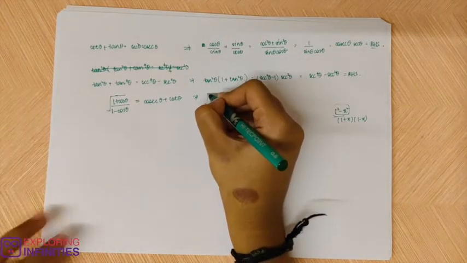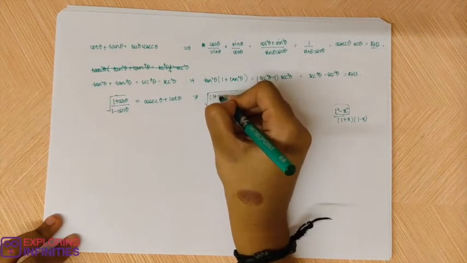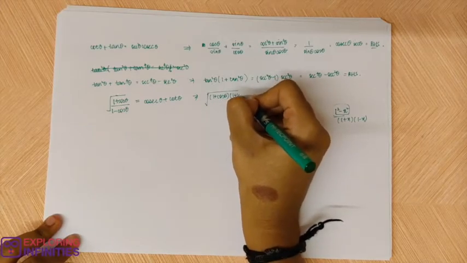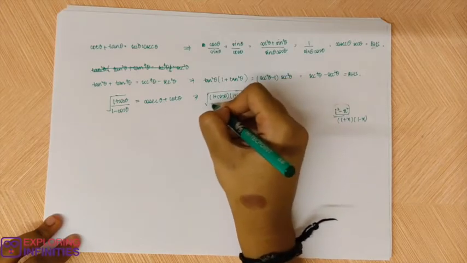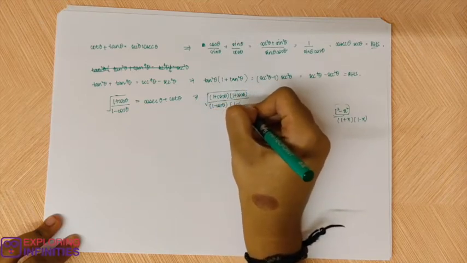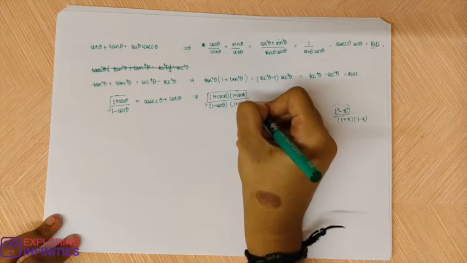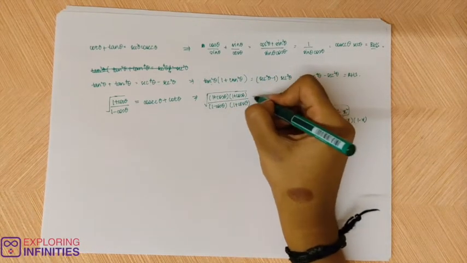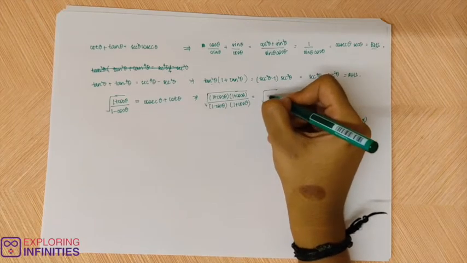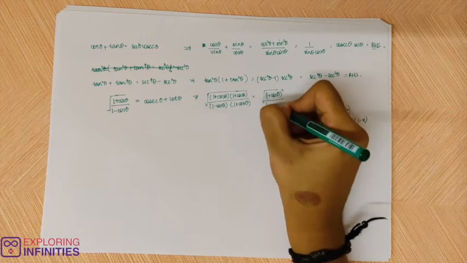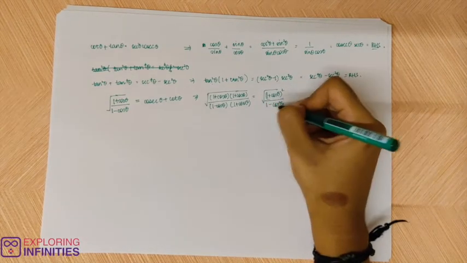So I put this as root of (1 plus cos theta) into (1 plus cos theta) by (1 minus cos theta) into (1 plus cos theta). I am multiplying the numerator and denominator both with 1 plus cos theta. So now what will happen? This will be root of (1 plus cos theta) whole square by 1 minus cos square theta. 1 minus cos square theta is what?